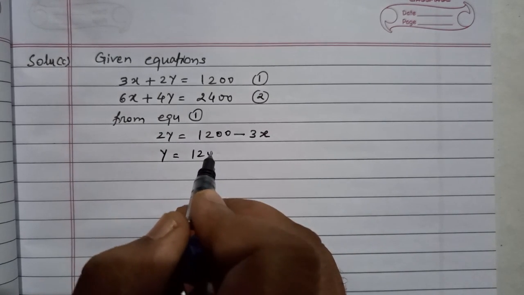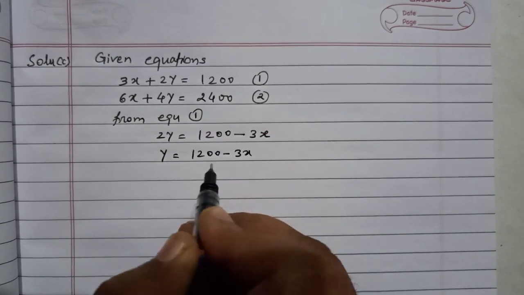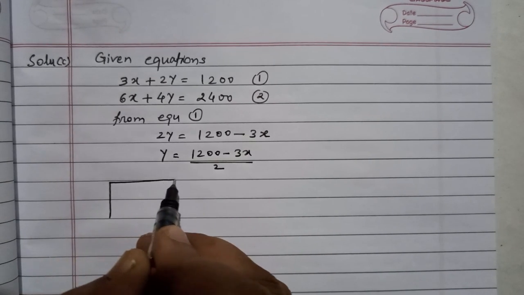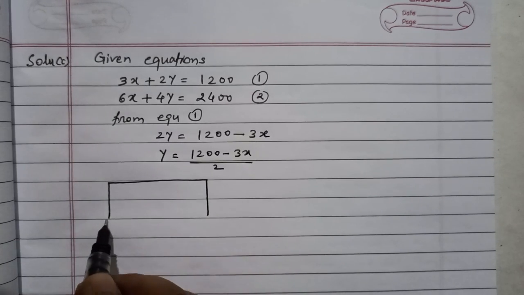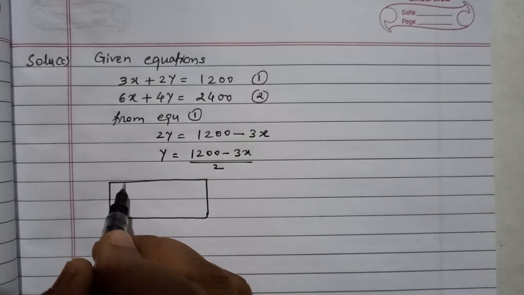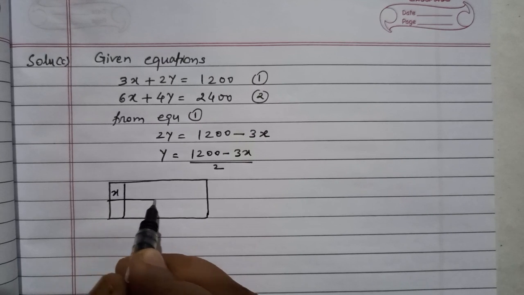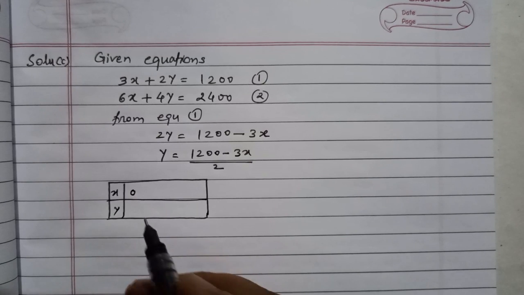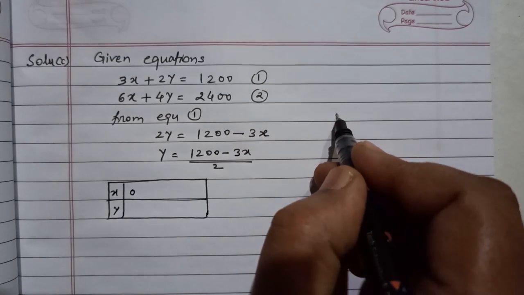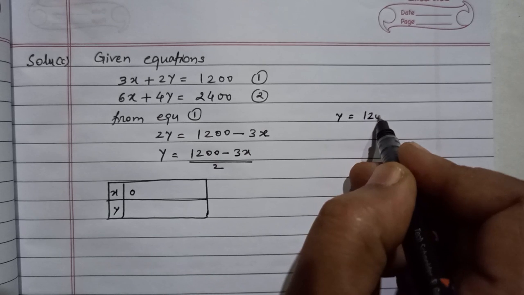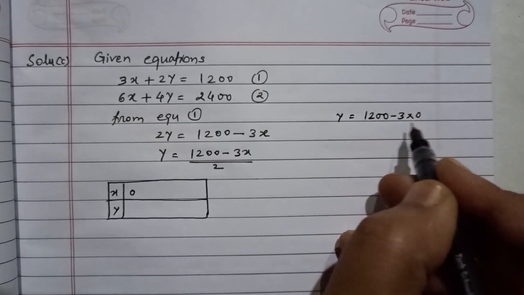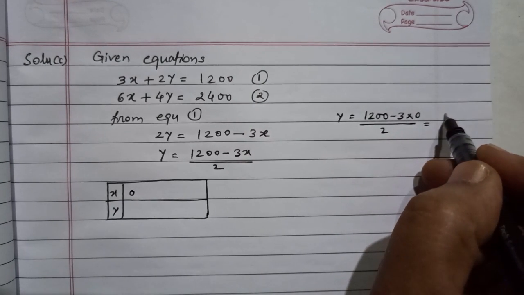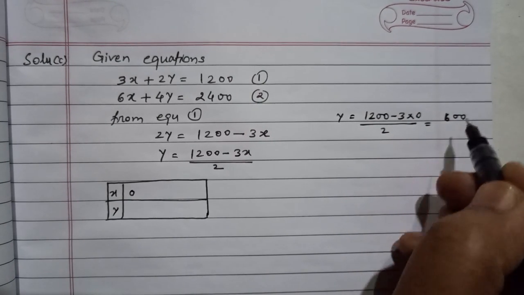Y is equal to 1200 minus 3x upon 2. Now we find different value of y for different value of x and write in table. Suppose x equal to 0, then y is equal to 1200 minus 3 into 0 upon 2. We get 600.